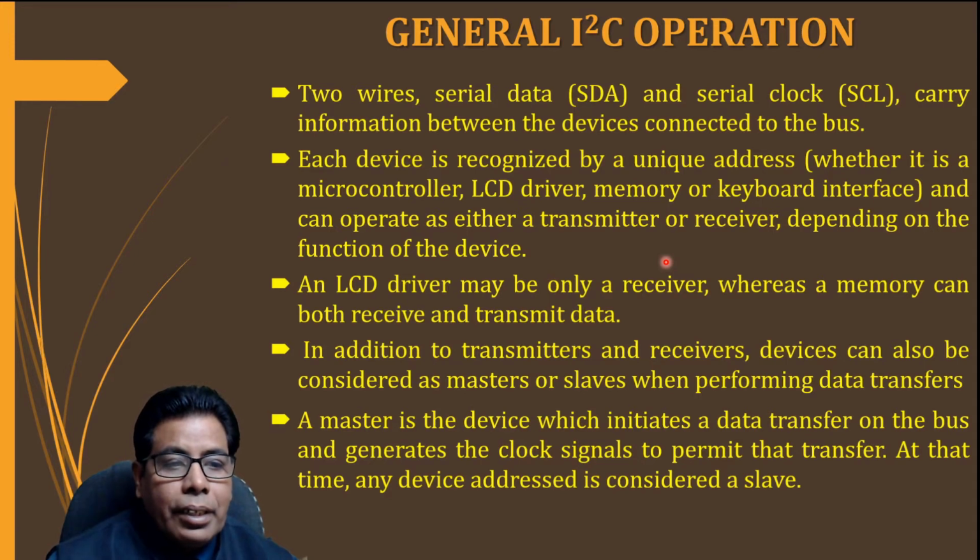At that time, any device which is addressed is considered a slave. So whenever the master initiates data transfer with a particular address, say for example the address of the memory, then the memory will be considered as slave.